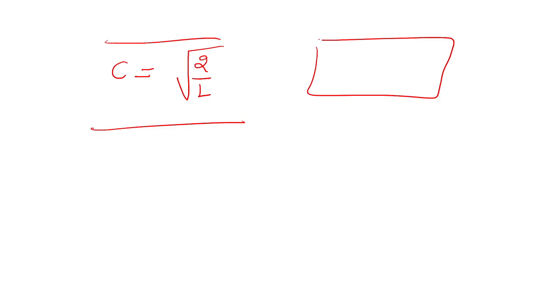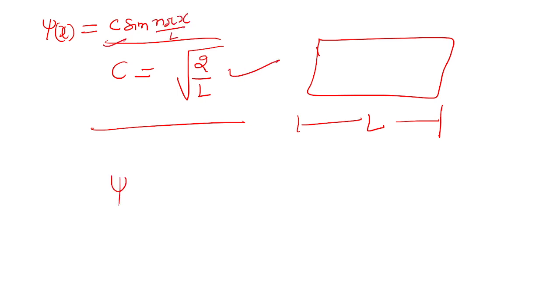By replacing this value in the expression psi(x) equal to c sine n pi x over L, we get the final expression for the wave function of a particle moving inside a box in one dimension: psi(x) equals the square root of 2 over L times sine n pi x over L. This is the final expression that we wanted to derive.